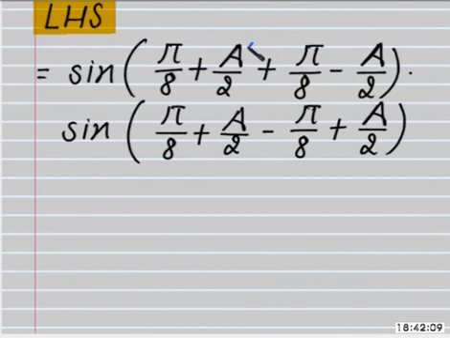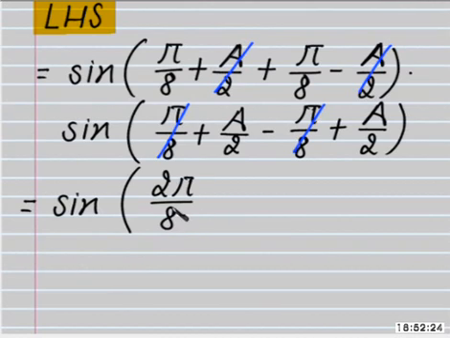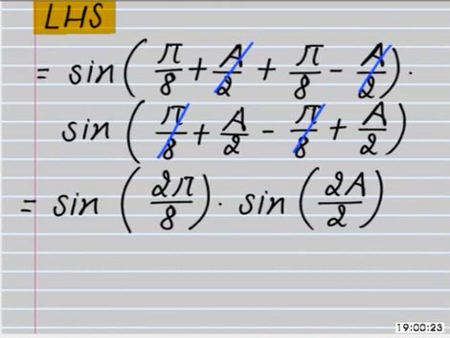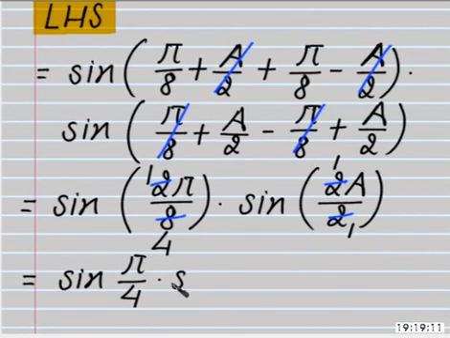Now on solving, it is equal to sin of 2 pi by 8 into sin of 2a by 2. Further solving, it is equal to sin of pi by 4 into sin a.